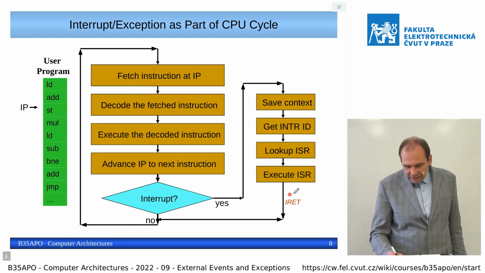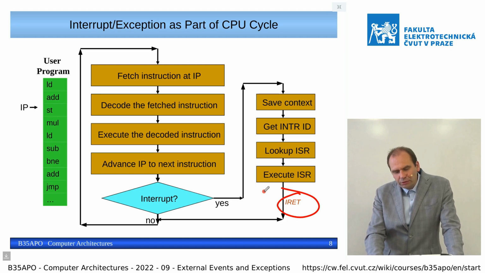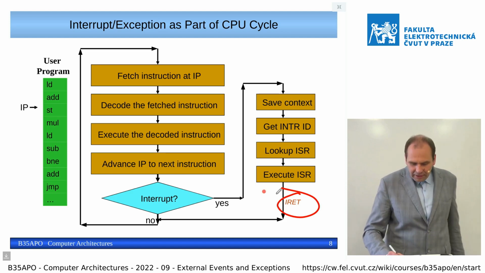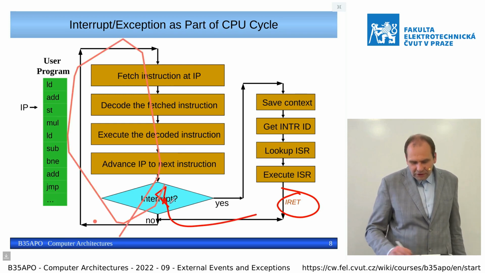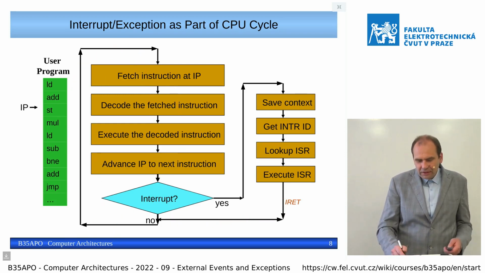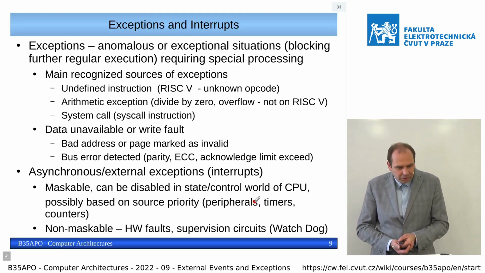And the last instruction of such a program is some mechanism which allows us to restore the state of the processor and return to the previously executed instruction stream. So we can use this mechanism for asynchronous event processing.